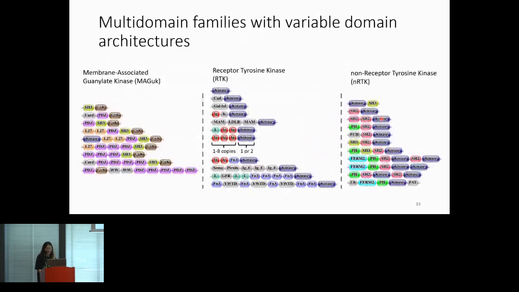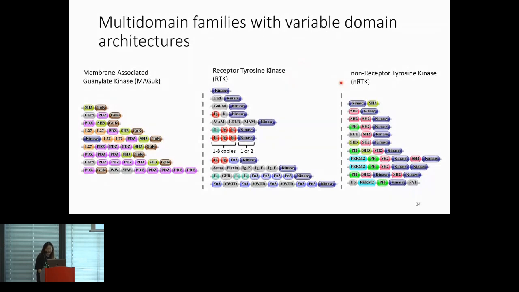As a test case, let's look at these three families that I showed you earlier. I put them in the context of the human domain architecture embedding. I'm going to project them into the domain architecture space and see where they are and what their relationships are. This is a 3D representation, again generated with t-SNE.